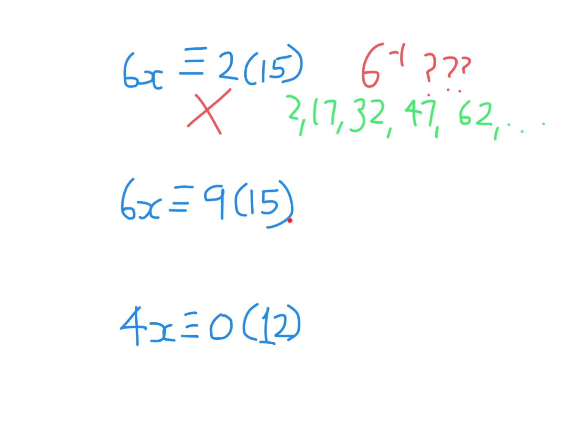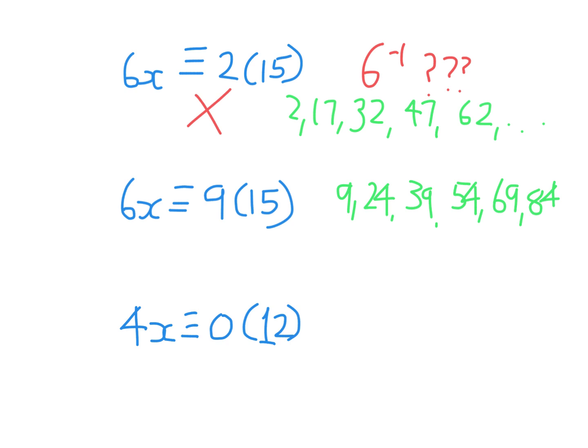On the other hand, this one here has a few solutions. Once again, we don't have an inverse of 6 modulo 15. But we can find some solutions. If I write out the numbers that are equivalent to 9 mod 15, I have 9, 24, adding 15 each time. So 39, 54, 69, 84, and so on.